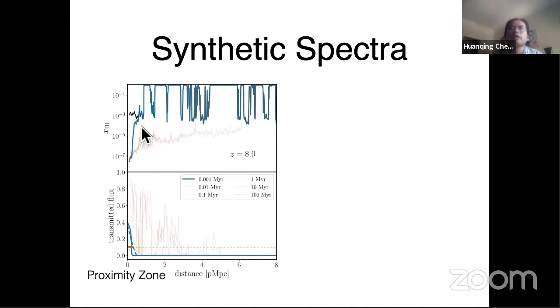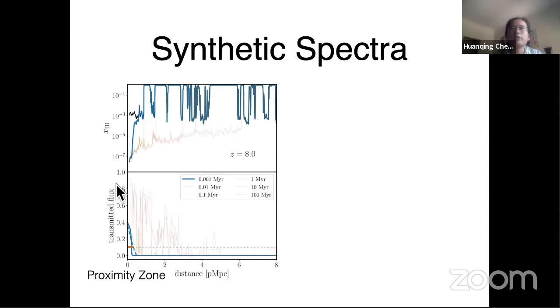Right after we turn on the quasar, after 1,000 years, the values become like what is plotted in blue. Immediately the neutral fraction drops to about 10 to the -7, and then the proximity zone appears in the spectra. The dashed line here is a smoothed spectrum, which is what measurements in practice usually use. The proximity zone size is usually defined as the point where the transmitted flux drops below 10%.